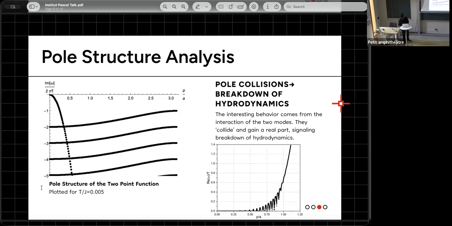Well, the idea is to compare with what you would get in holography, because in holography this has been done, which I'll show in a little bit, where you have very similar plots, and there the idea is also to see where hydrodynamics breaks down. It is similar in the case of the SYK.